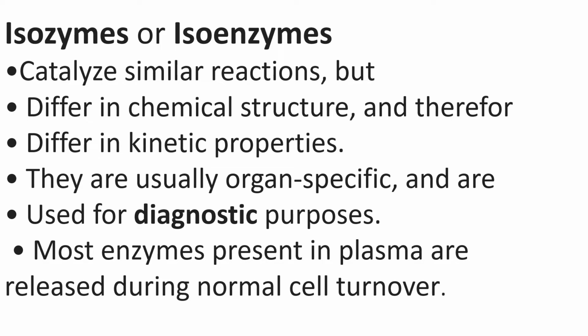And the most important thing regarding these isoenzymes is that most of the time they are used for diagnostic purposes. Now, when we use the enzyme for diagnostic purposes, we are only capable of estimating those enzymes which are present in the serum. So most enzymes present in the plasma or in the serum are released during normal cell turnover.